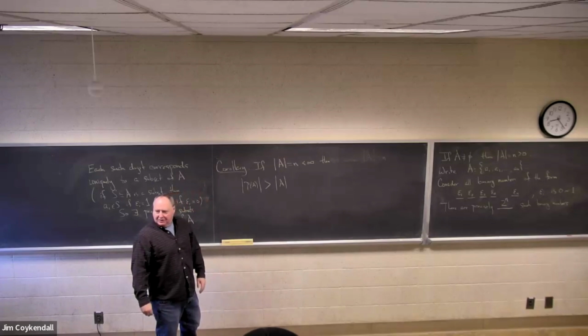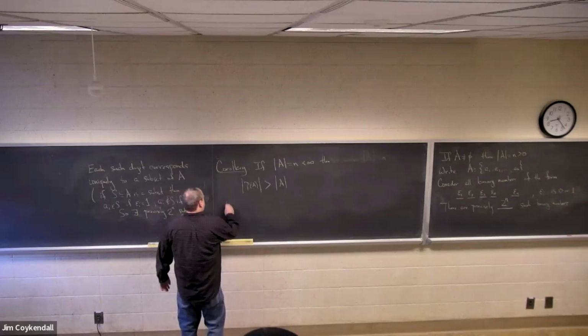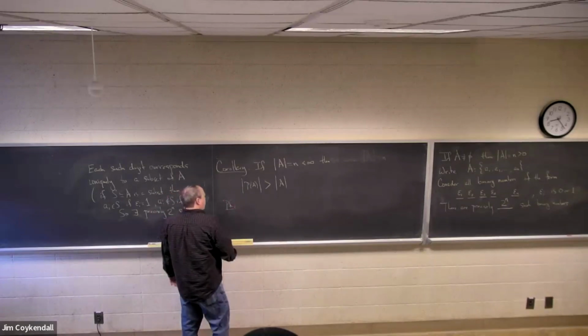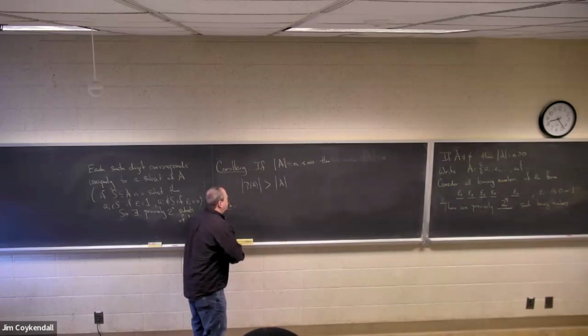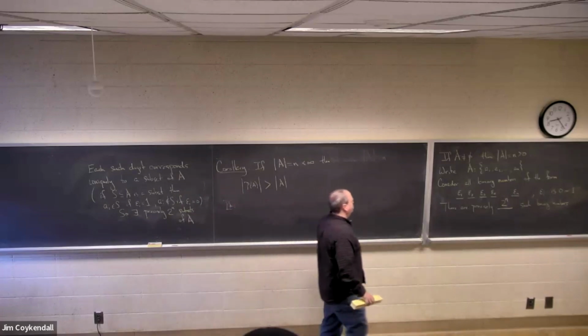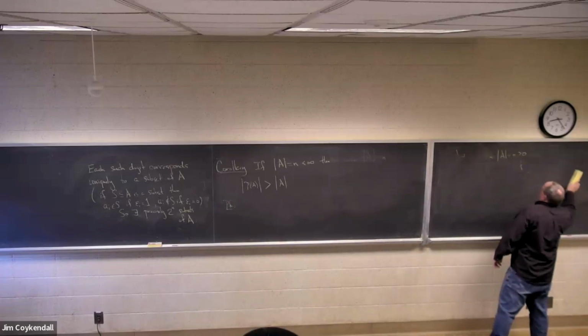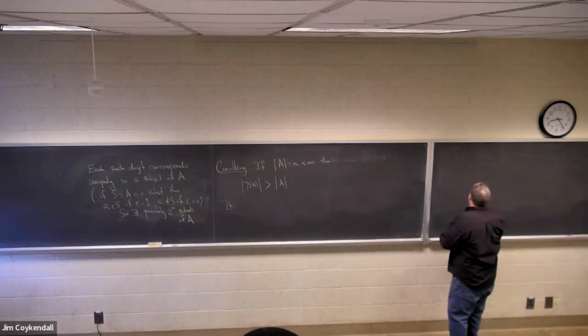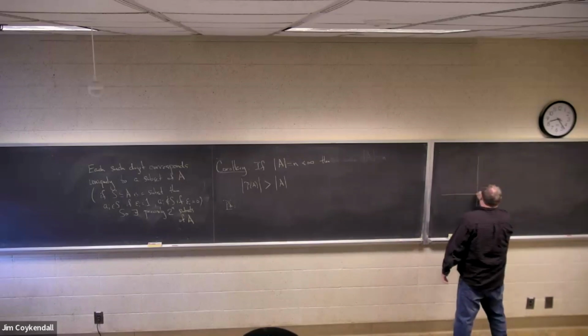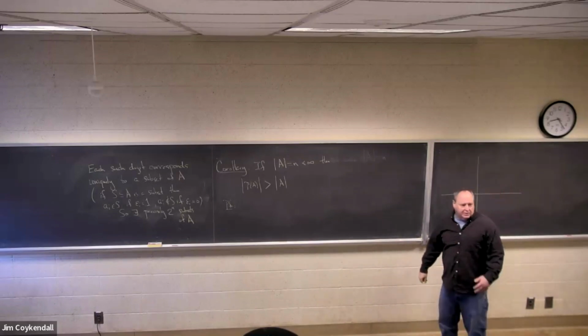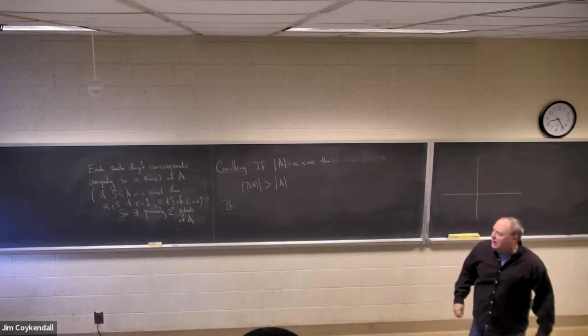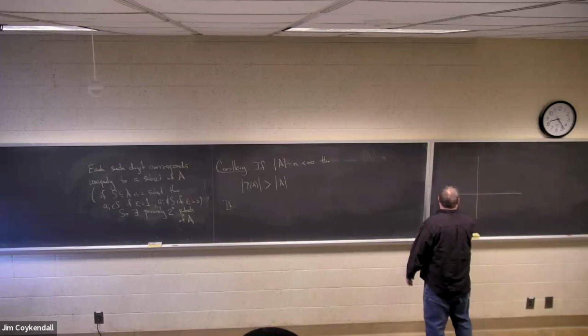I can use one calculus on this, as a matter of fact. Can anybody describe for me? So you might think I'm having a stroke here, because all of a sudden I started doing calculus. What does the function y equals 2 to the x look like?